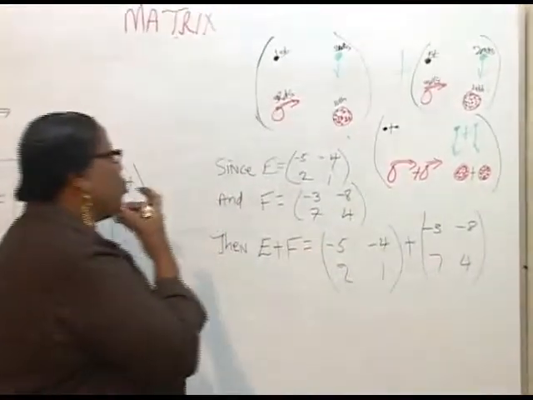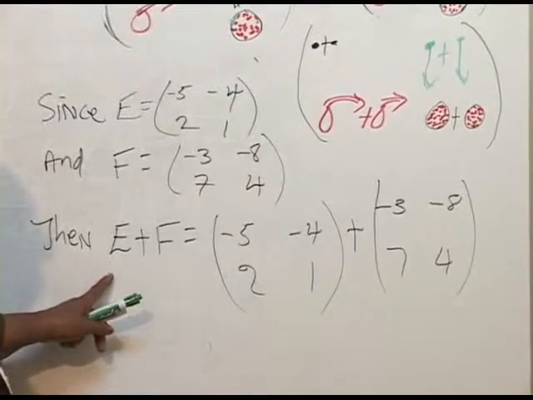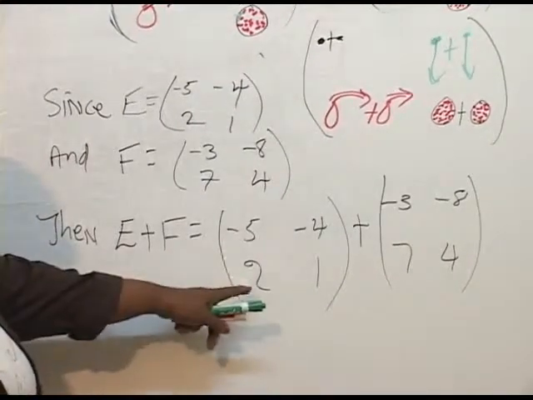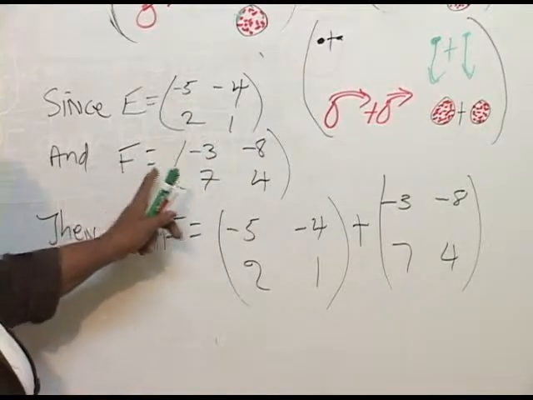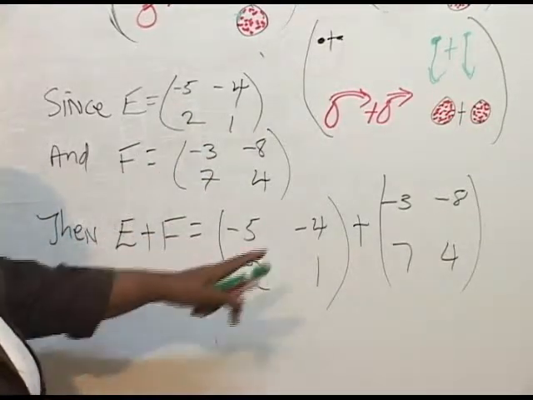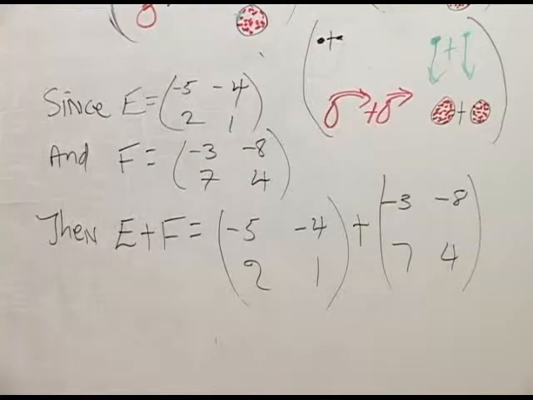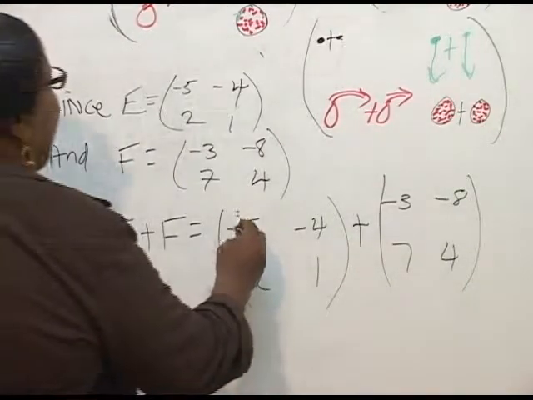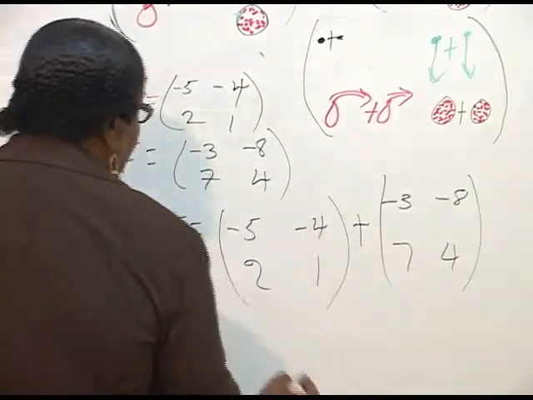Notice the order in which we are writing the matrices, because the first letter we had was E, so the first matrix we're writing is related to E, and the second would be the F. What did we say we have to do? The things in the same positions must be added together.